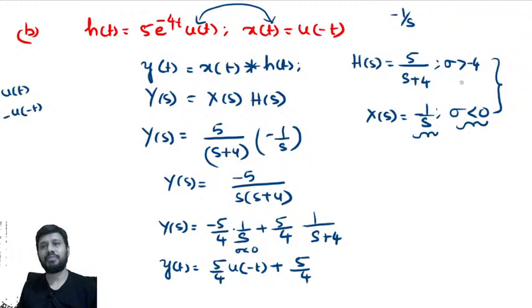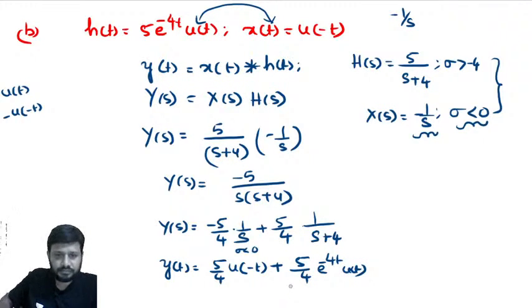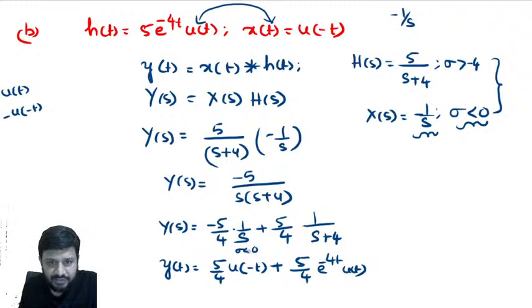What is the inverse of 1 by s plus 4 for sigma greater than minus 4? e power minus 4t u of t. For the inverse of 1 by s, sigma less than 0 you have to consider. For 1 by s plus 4 you have to consider sigma greater than minus 4. So 5 by 4 times minus 1 by s, what is the inverse?